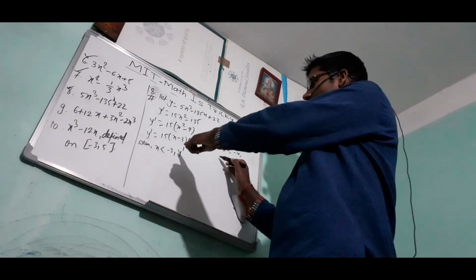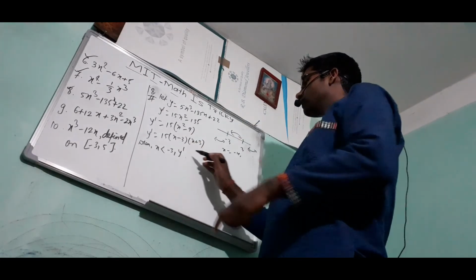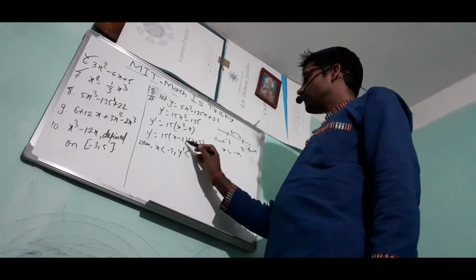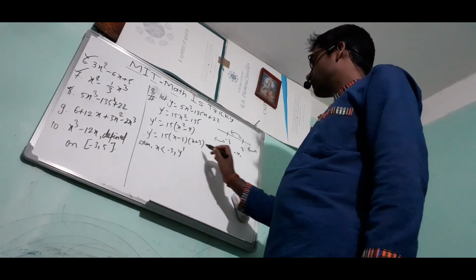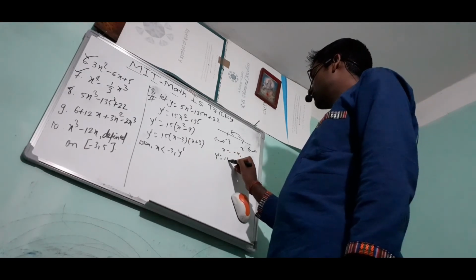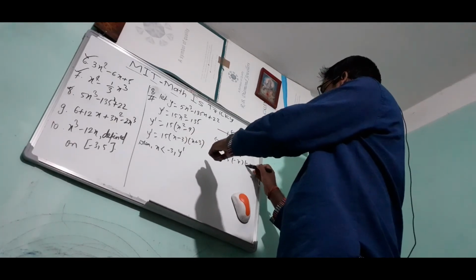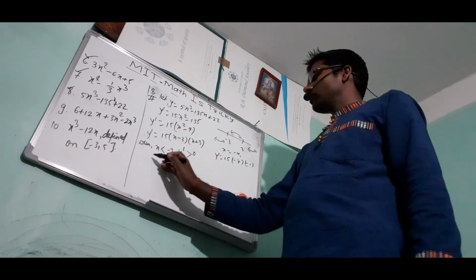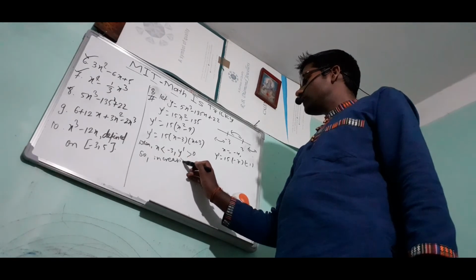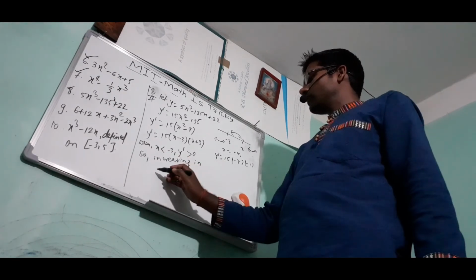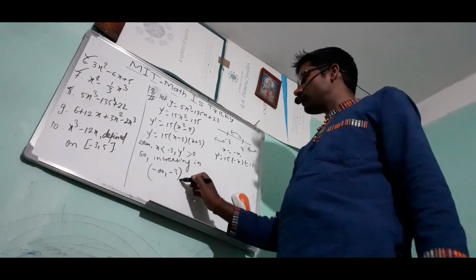So this is negative, this is also negative, both negative, so it will be positive. You can check y dash equals 15 times minus 7 and then minus 1, so it is positive. So increasing in the interval minus infinity to minus 3, the first one.